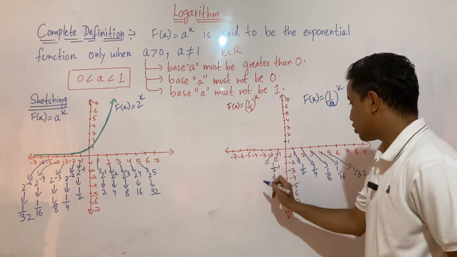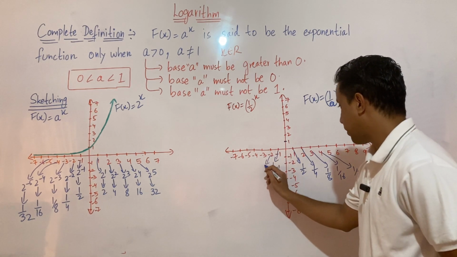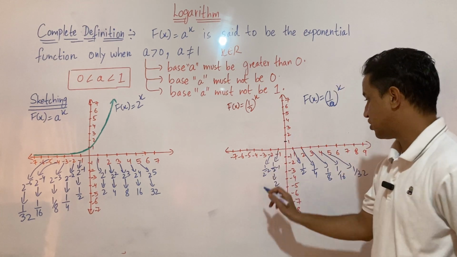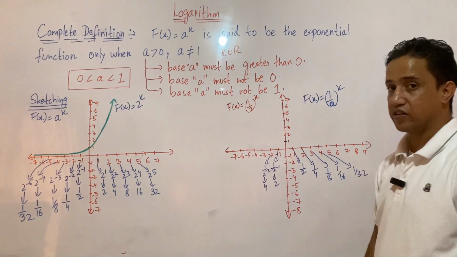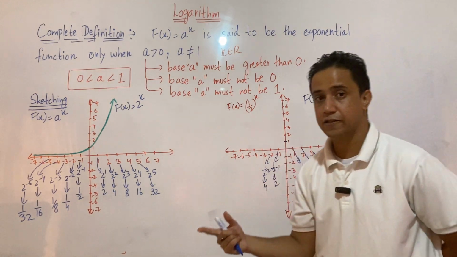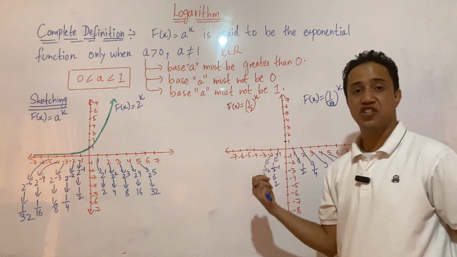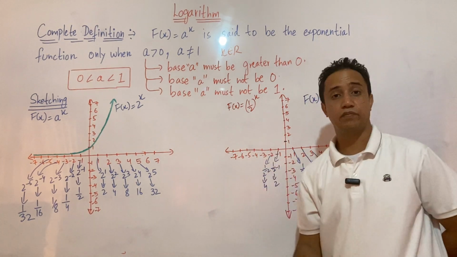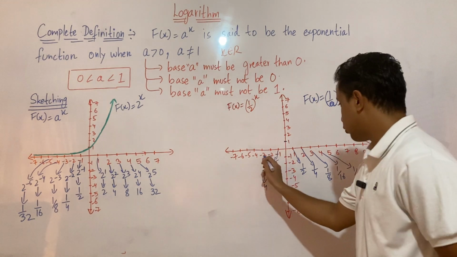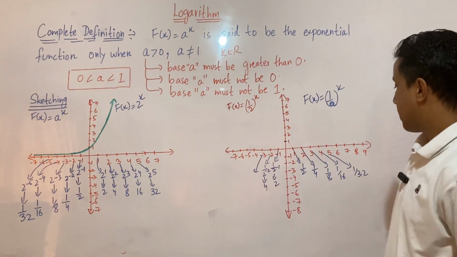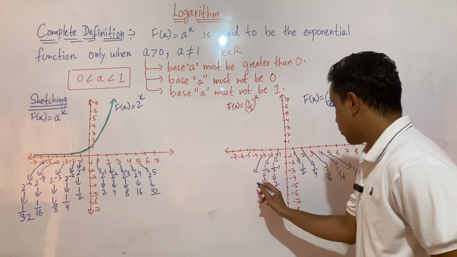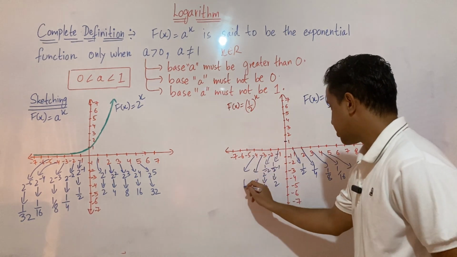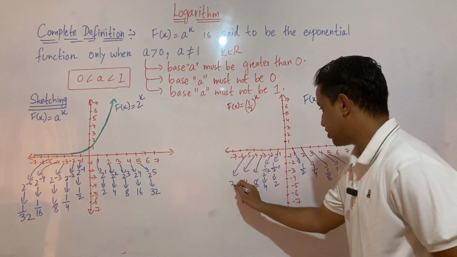If you put (1/2)^-2, it's going to be 4, because we are just taking the reciprocal. Because the exponent is negative, to make it positive we need to take the reciprocal. Okay, same goes here for x as minus 3, so your value of y is going to be 8. For minus 4, 16. For minus 5, 32.